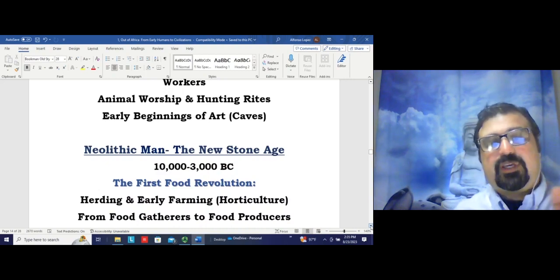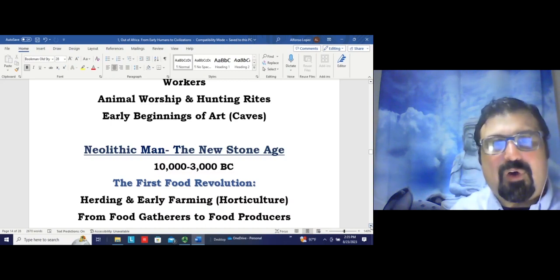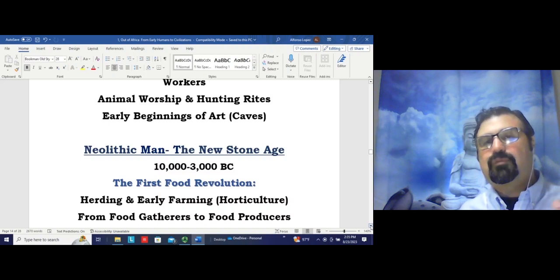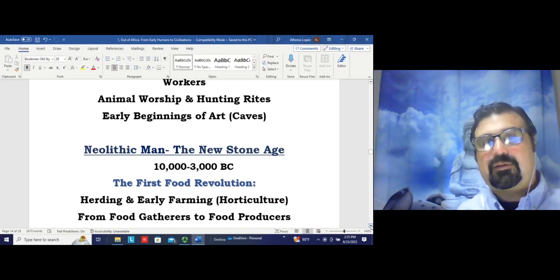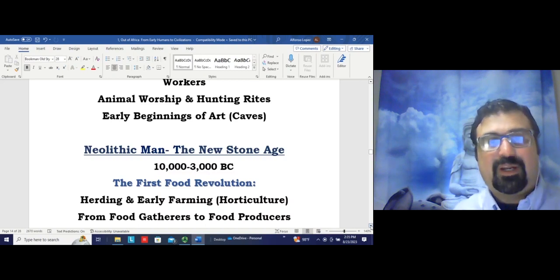We're also going to see the very early beginnings of religious art, really the beginning of art in very general terms, but art was not just art for the sake of amusement and self-indulgence. Art was totally religious.